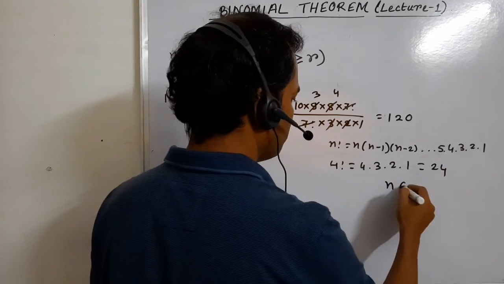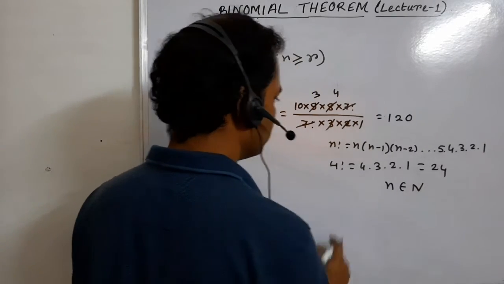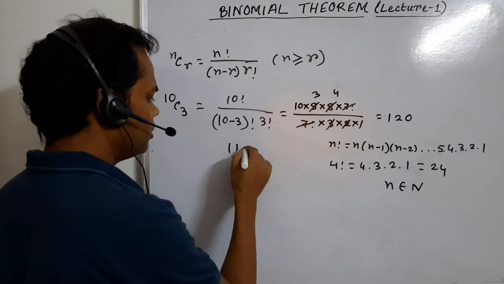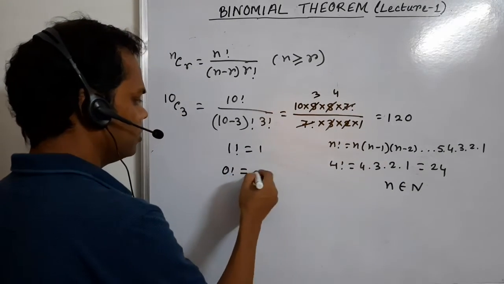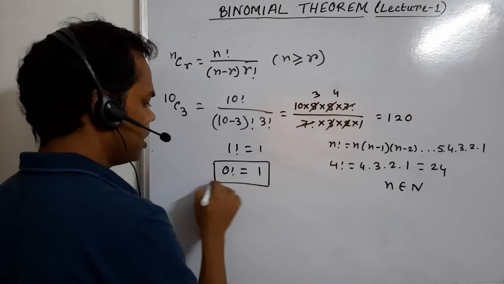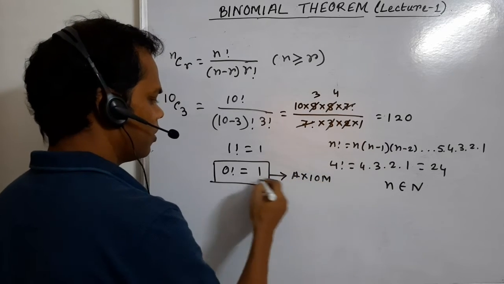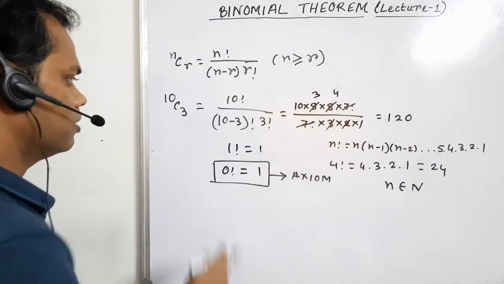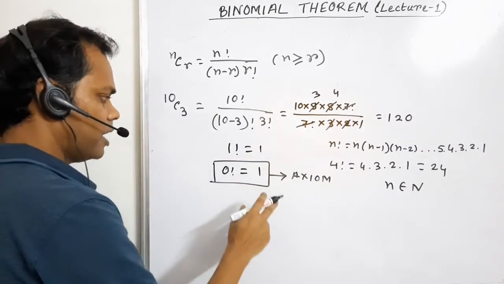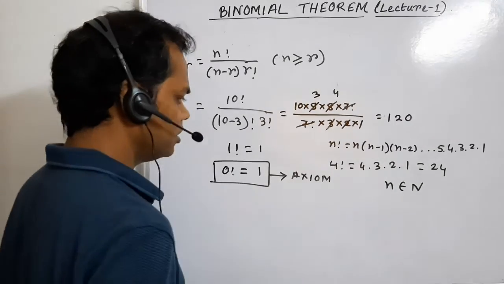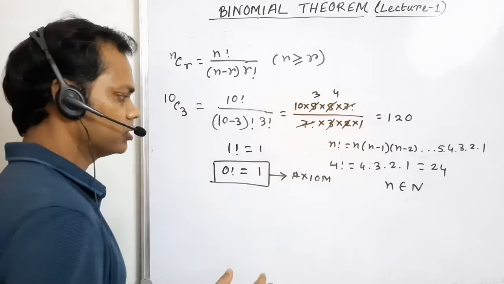Now here n belongs to the natural numbers. 1 factorial equals 1, this is a mathematical relation, and 0 factorial equals 1, this is an axiom. We assume 0 factorial equals 1. What is an axiom? An axiom is a part of mathematics in which we assume some relation for our advantage.